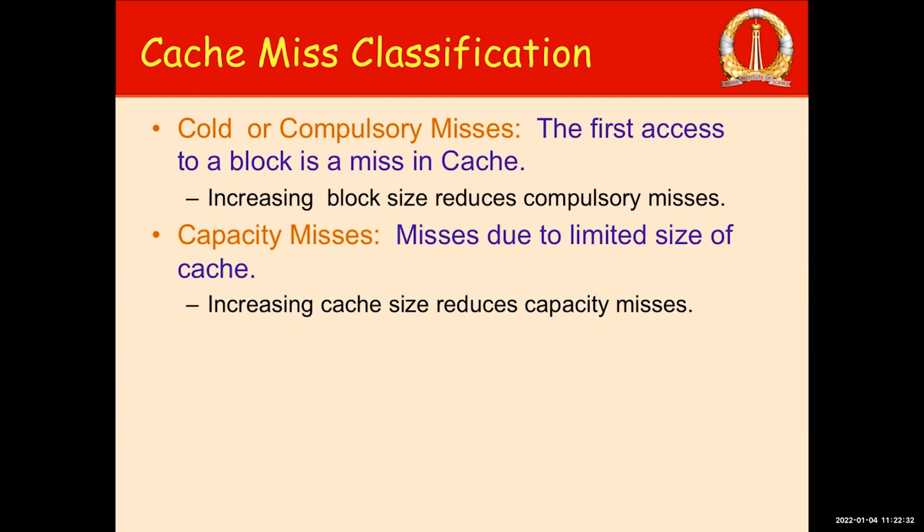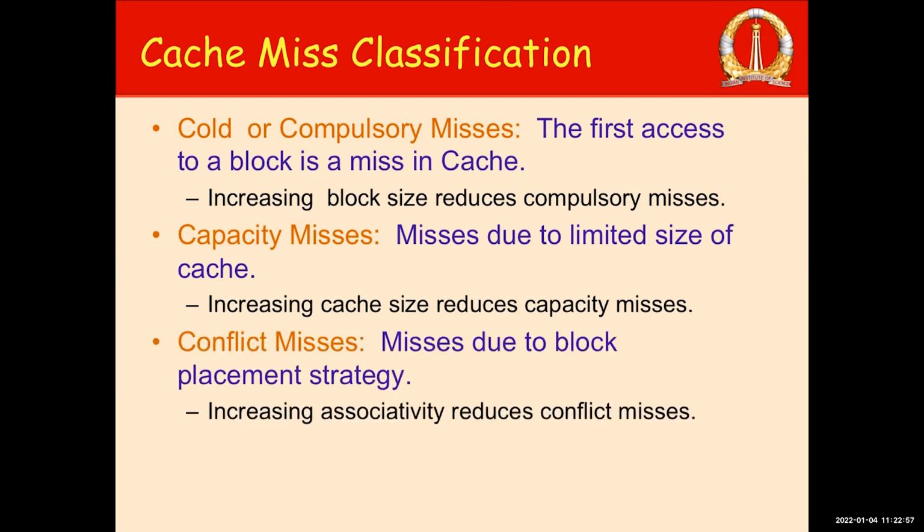Some entries are going to come and replace some other entries because the capacity is limited. Later on, if these evicted entries are accessed, they are going to incur a miss. That miss is accounted as a capacity miss because they got evicted because there wasn't enough space in the cache.